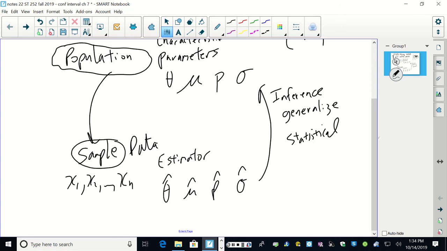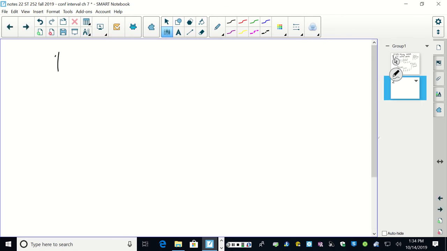So we want the best estimate, and then we want some expression of uncertainty. That's the big goal that we're going to have. Most of what we're doing in this chapter is frequency-based inference, sometimes called frequentist inference, the name given to this general approach. It's really dealing with repeated sampling.